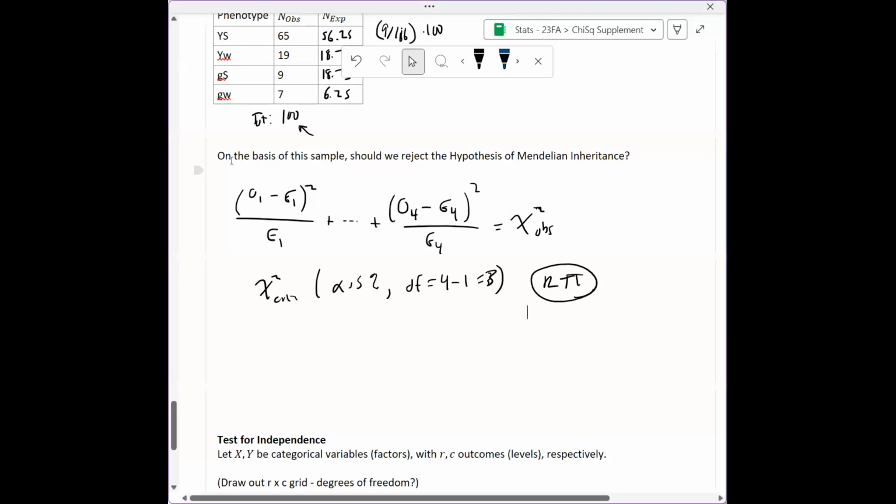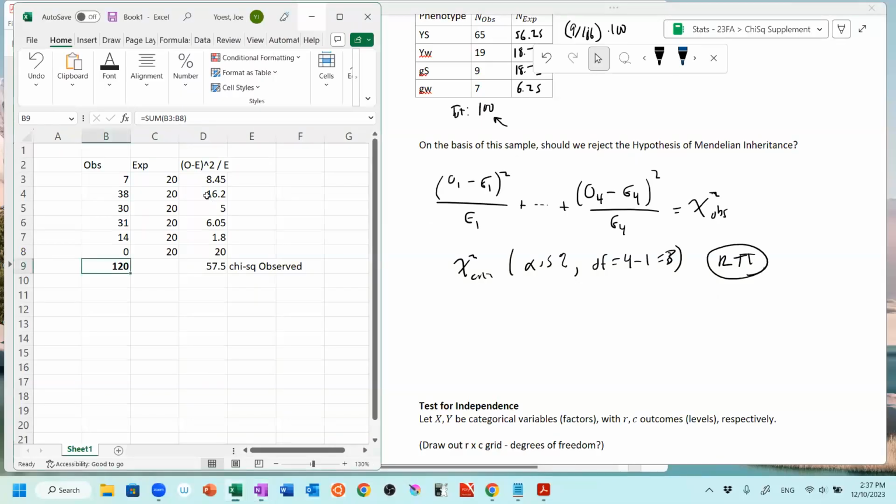Okay, so let me switch my share back again. So for chi-squared observed, I'll just kind of zero out these ones. I guess that made Excel sad.